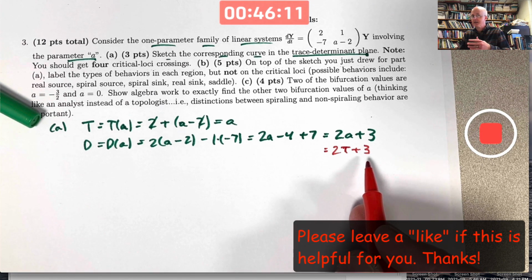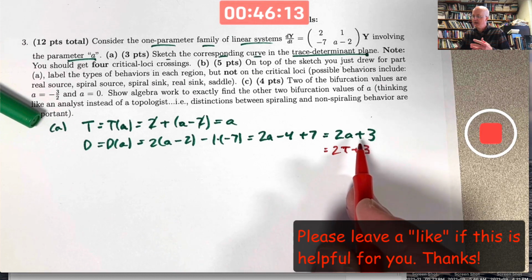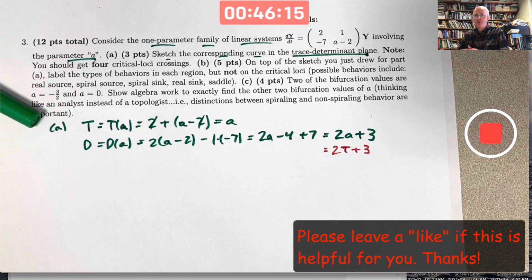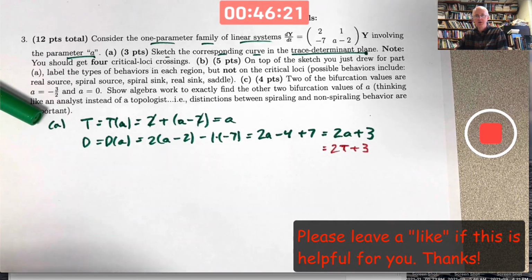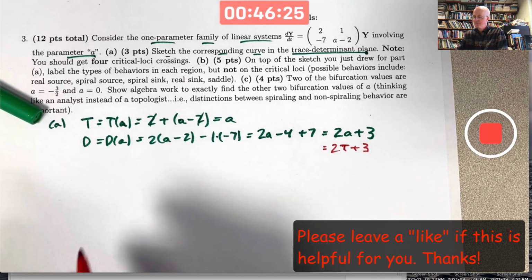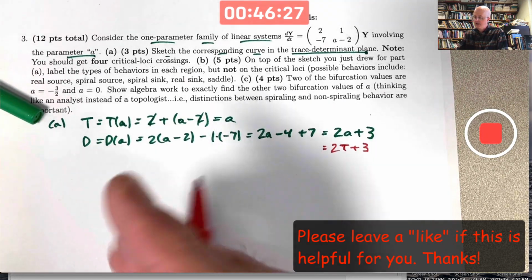Though keep in mind it is a parametric curve, it gets traced out in a certain direction as a increases. In this case, as a increases, both t and d increase, so you're going to get traced out going in the usual way, left to right and low to high.